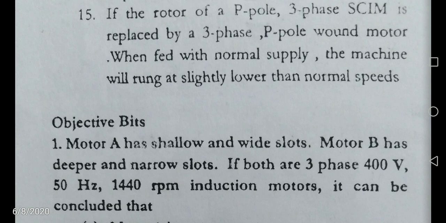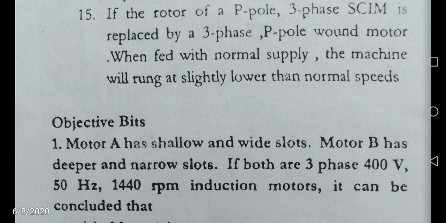Both are three-phase 400 volts, 50 hertz, 1440 RPM induction motors. It can be concluded that motor A has large air gap slots and motor B has lower air gap slots.